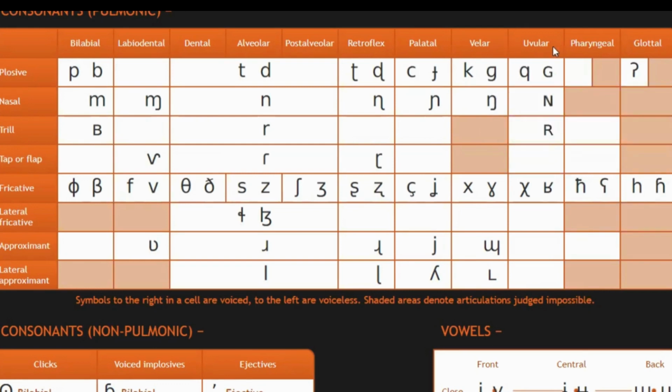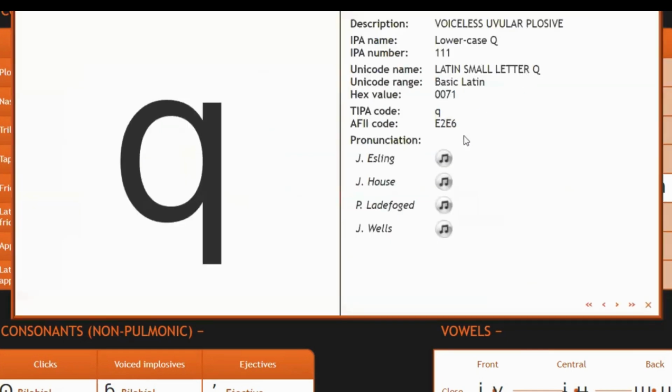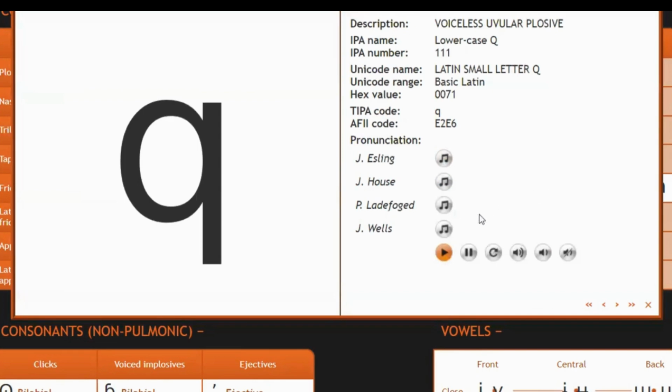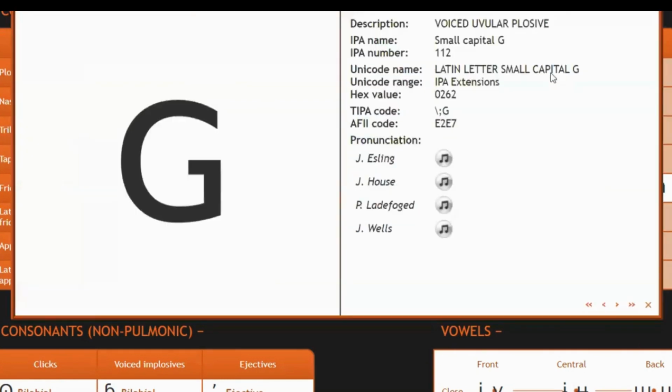Next, we have our uvular sounds. These are the plosives. This one is voiceless. Ka, ka. We can hear that that one is aspirated. And the voiced.